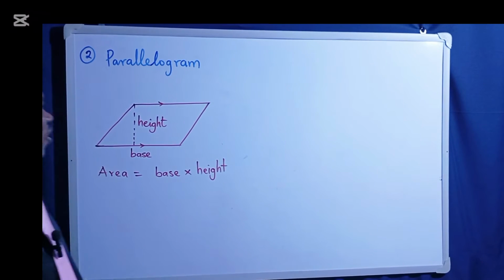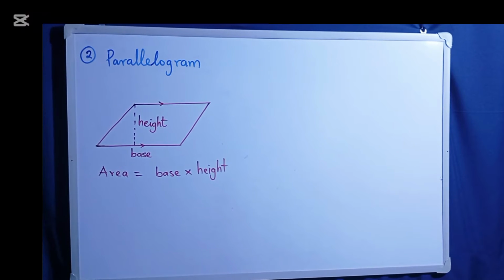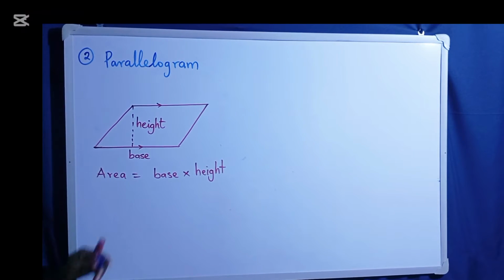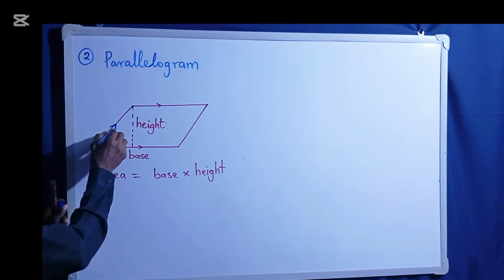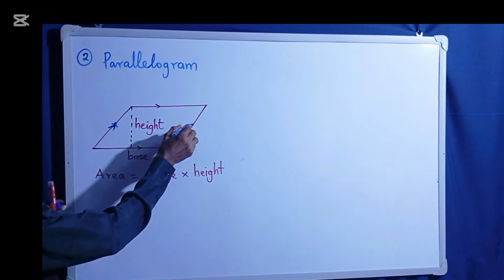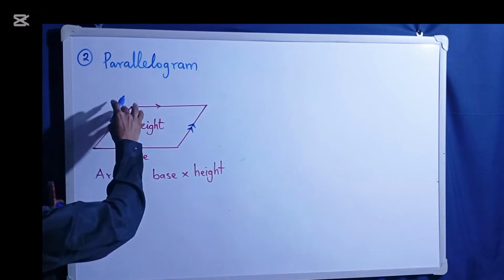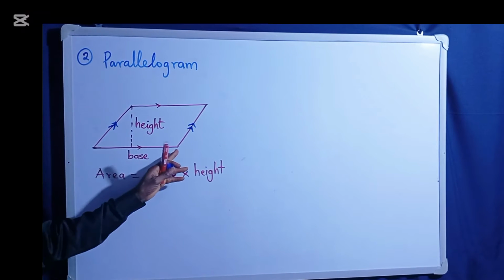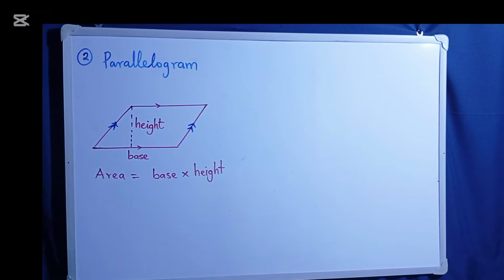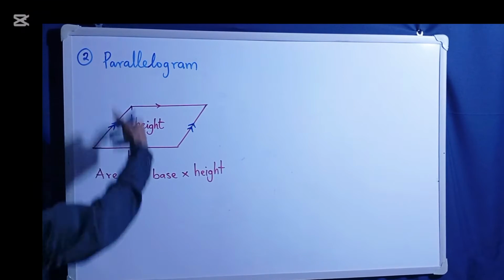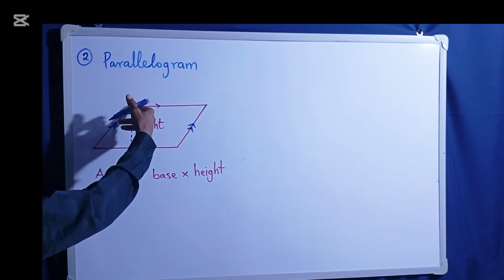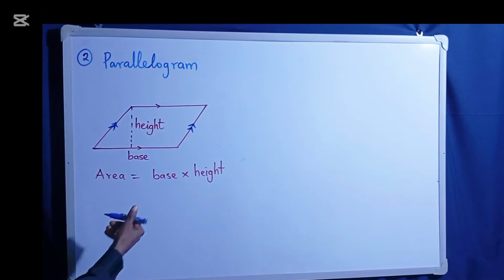All right, so the second shape we have there is a parallelogram. A parallelogram is a two-dimensional shape with two sides parallel. So we have this parallel to this, and then the horizontal lines are also parallel. So if we have this base, the area is the base times the distance between these parallel sides.